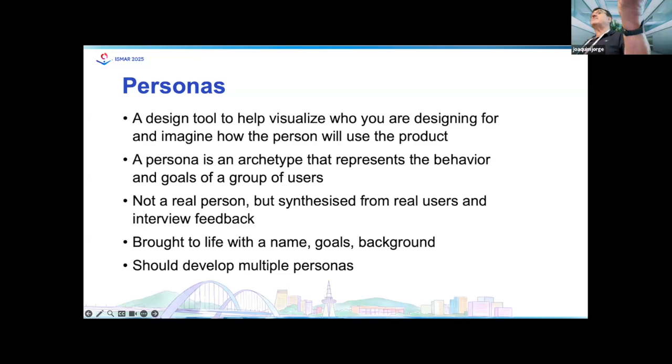You can also have another persona for the cashier or the checkout operator. And so this is not a real person, but it's kind of a composite sketch synthesized from real users. You can call the typical buyer Joe. So Joe goes to the supermarket.